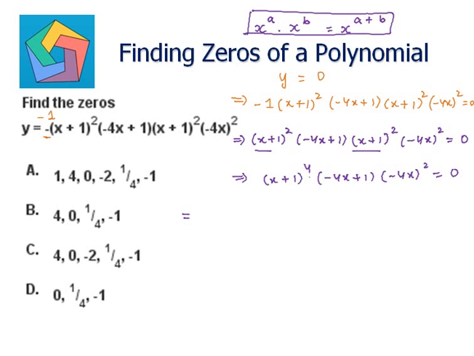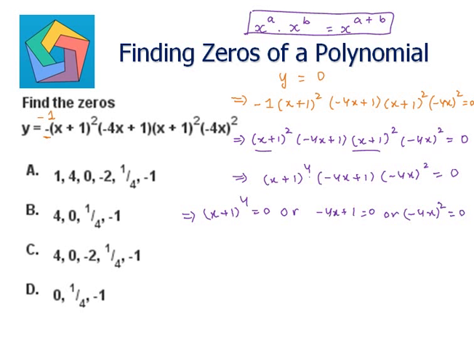So this implies either (x plus 1) raised to the power 4 is 0 or negative 4x plus 1 is 0 or negative 4x squared is 0.